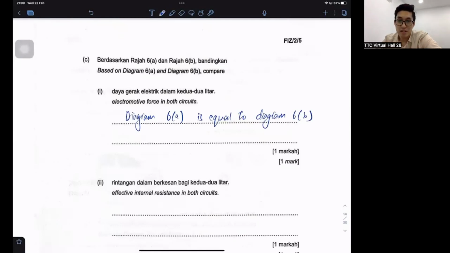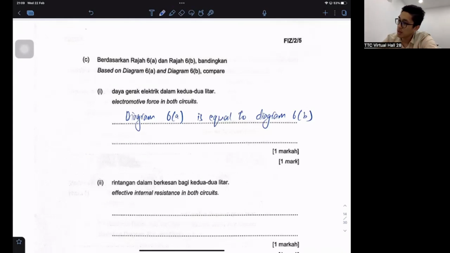What is the effective internal resistance in both circuits? Effective internal resistance means the total internal resistance. And the thing about parallel is that the more things you connect in parallel, the lesser your total resistance, the lesser your effective resistance, because you are opening more roads for the current to travel. So the current will actually travel better.